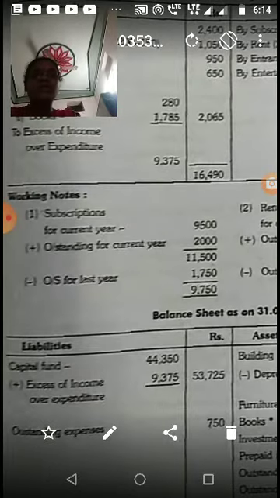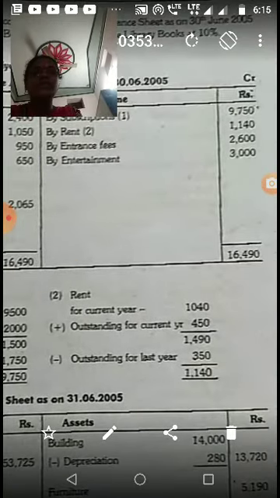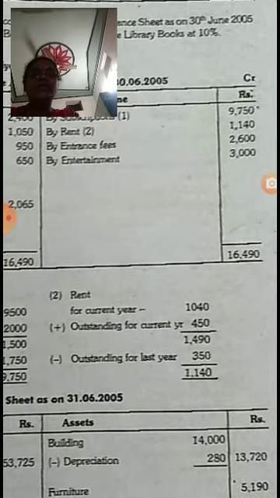So here income side subscriptions. Here subscriptions for the current year 9500, outstanding for the current year 2000, that is 11500, minus outstanding of the last year subscriptions 1750. The total is 9750. So here subscriptions are 9750. Now rent we have adjustment.